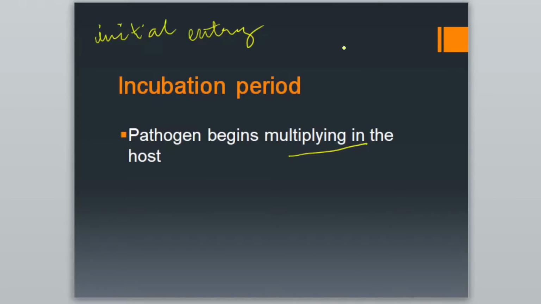During this period, the patient is unaware that he or she is going to develop a certain disease. Clear? So you can say that the pathogen starts multiplying in the host cell in your incubation period.